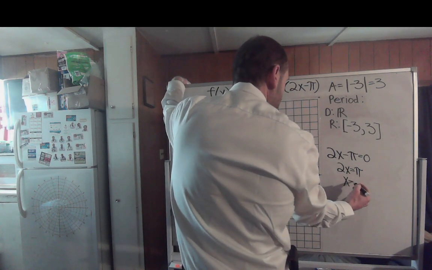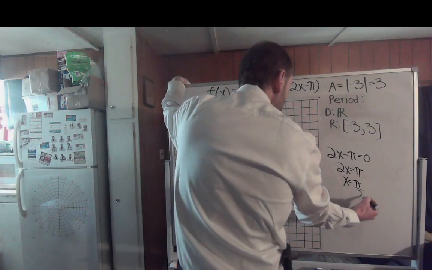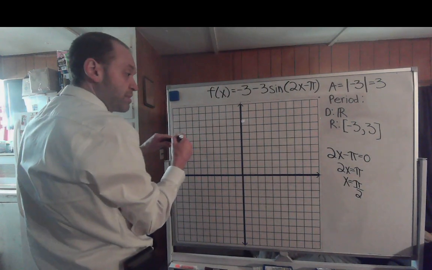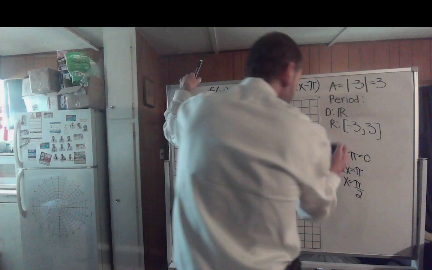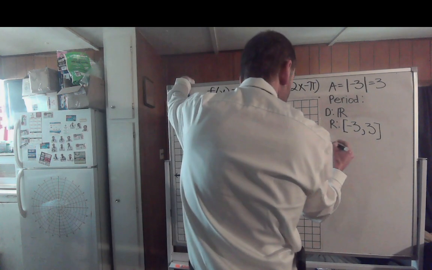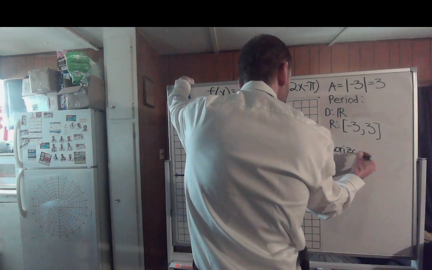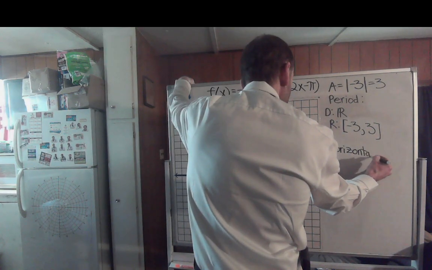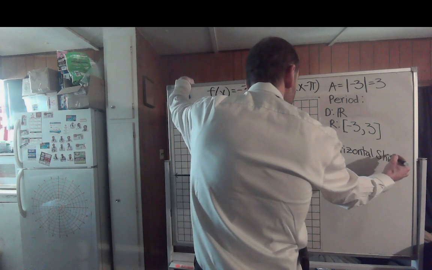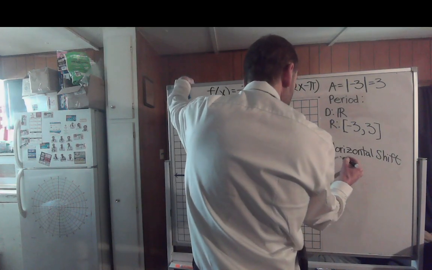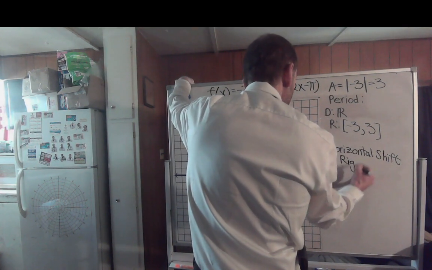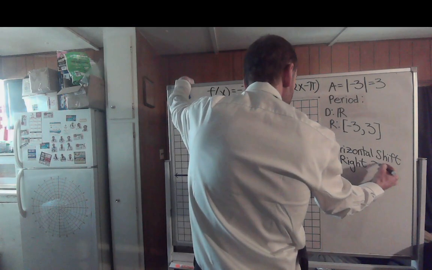That would give you x equals pi over 2. So you have a horizontal shift right pi over 2 units.